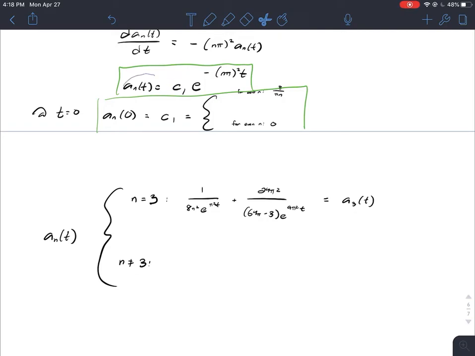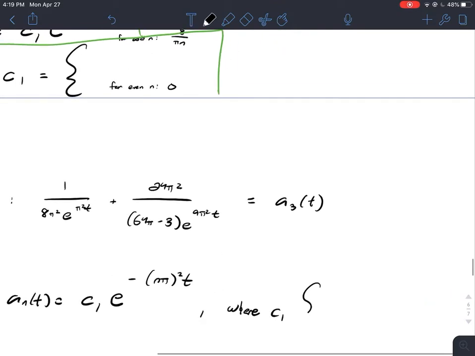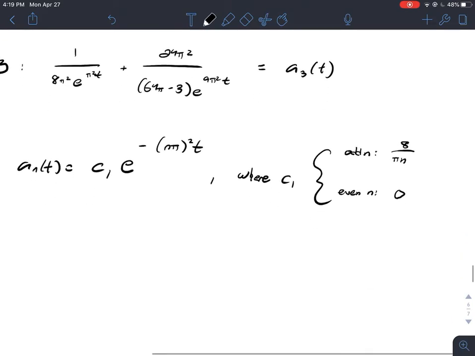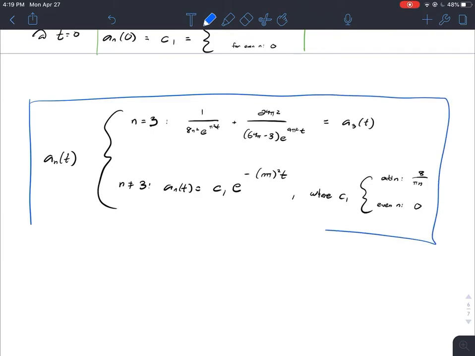So our general solution for a sub n of t can be found here, where c1 has two values. So for odd n, c1 is equal to 8 over pi n, but for even n, c1 is equal to 0. Right, so this basically sums up what we were doing throughout this problem.